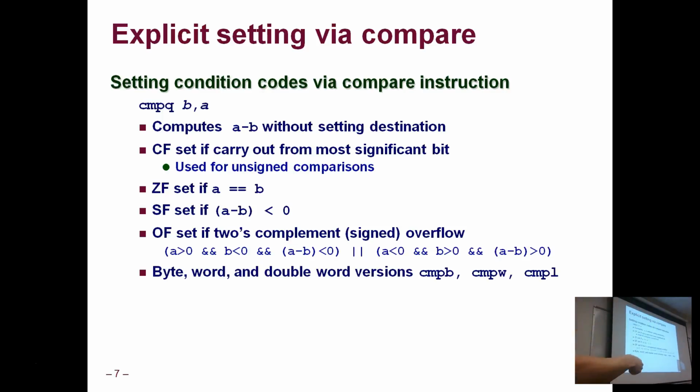But if it turns out it's negative, that means you've got an overflow. Likewise, on the other end, if a is less than 0, b is greater than 0, and a minus b is positive, that means you have overflow on the other end. Those are the two cases of 2's complement overflow. And these are the things that you're checking in your conditional branches to make sure you get the right conditions set.